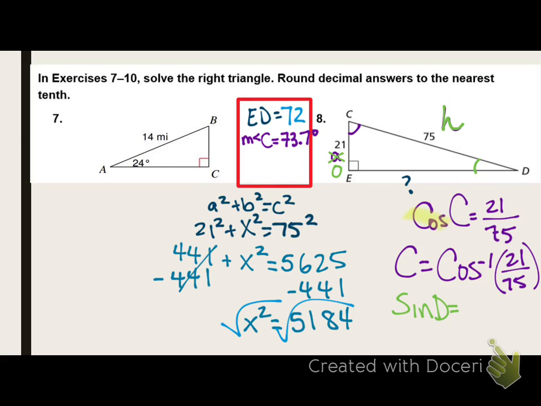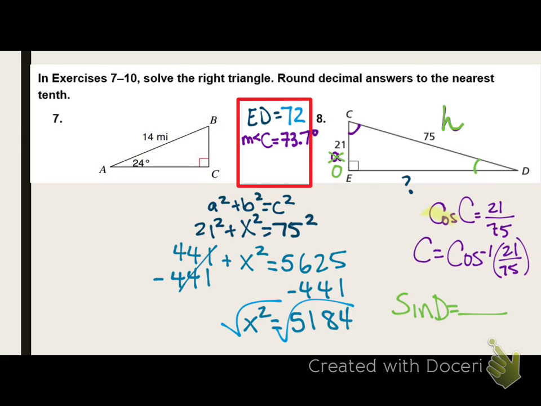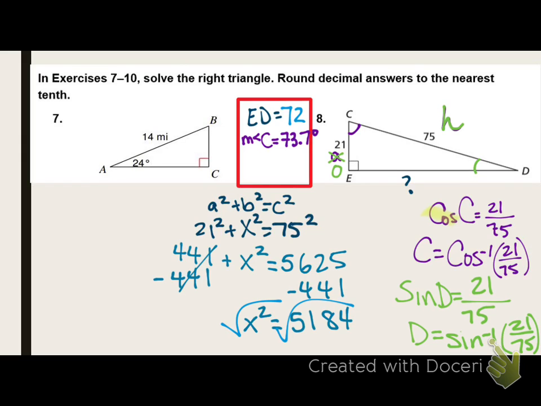Sine of angle D equals the opposite, so 21 over the hypotenuse, 75. We're solving for an angle. Anytime you solve for an angle, you're going to hit shift sine. So what do we get for the measure of angle D? 16.3, right? Yeah, degrees.